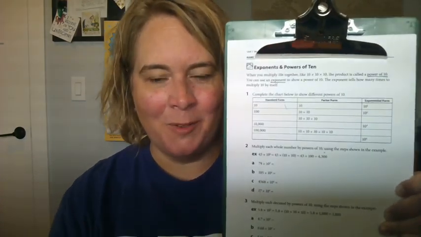So I'm going to go ahead and complete this box here with you so that these other problems should come a lot easier. Okay, so when we're thinking about an exponent or a power of 10, I'm just going to start here with 10. And 10 is the standard form. This is how we would write our numbers in everyday life, right?